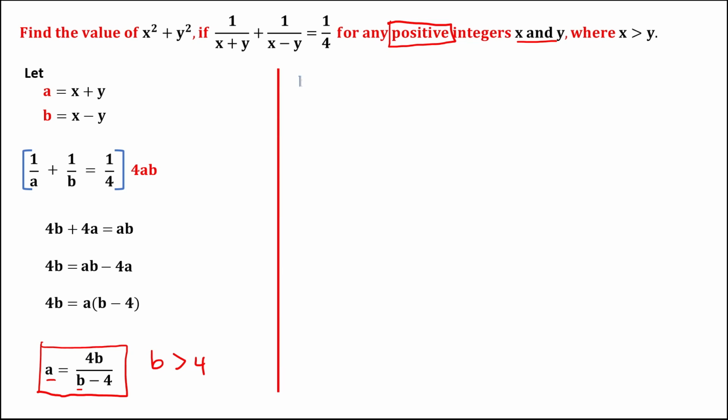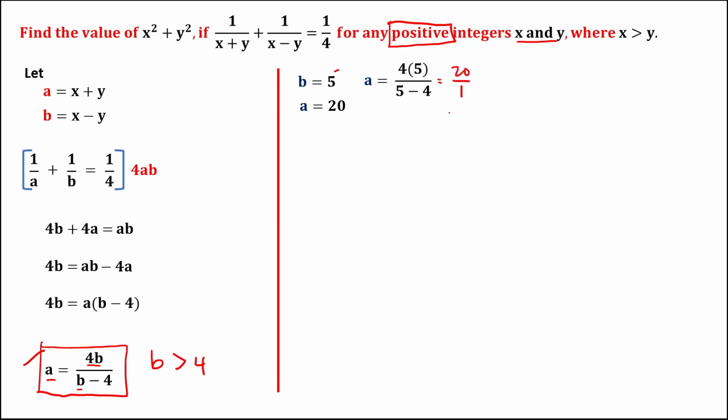So let's start with b equals 5, and to solve for a using this equation, we have 4 times b, or 4 times 5 because b is 5, over 5 minus 4. So this becomes 20 over 1. So therefore a is equal to 20.